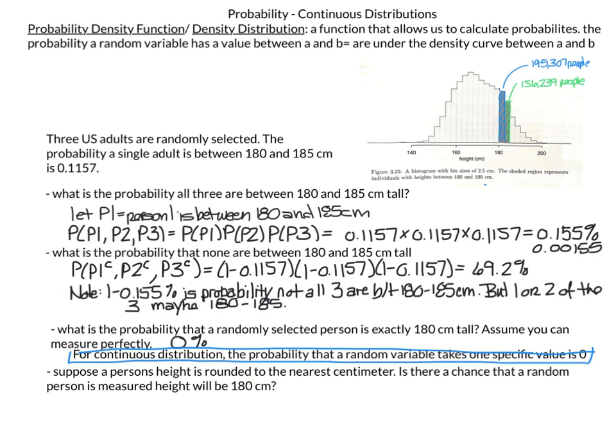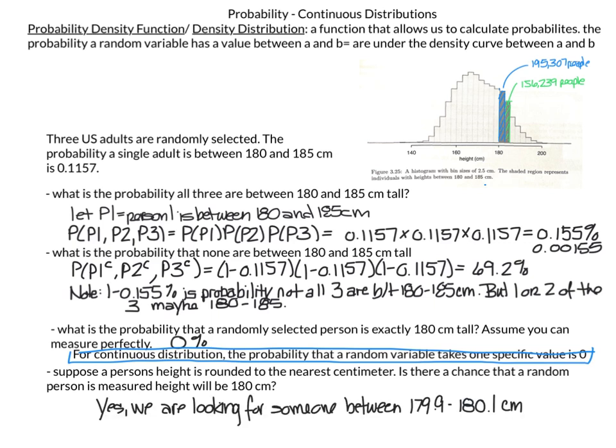Let's compare that to this question. Suppose a person's height is rounded to the nearest centimeter, so we can be 0.1 off of the centimeter. Is there a chance that the random person's measured height will be 180 centimeters? And the answer is yes, because now if we're measuring to the nearest centimeter, we're looking for someone between 179.9 centimeters and 180.1 centimeters, and these we would round to 180.